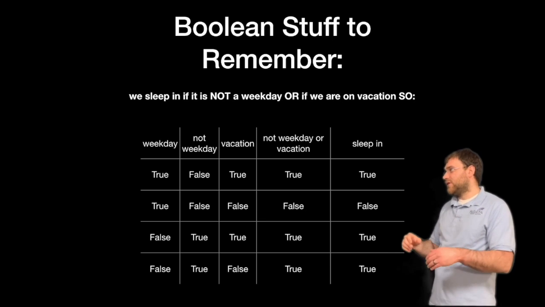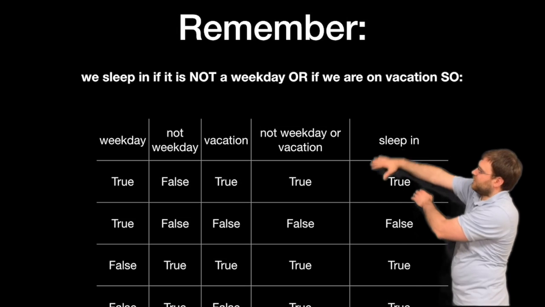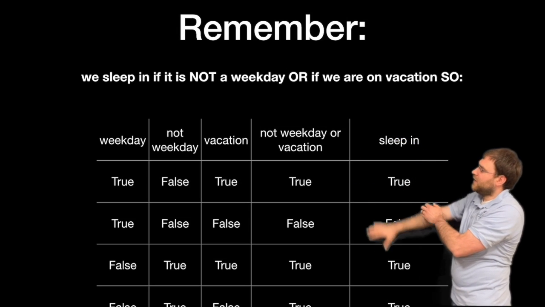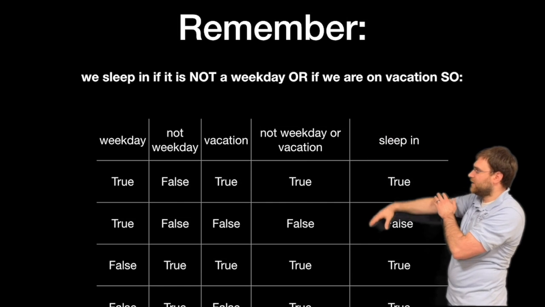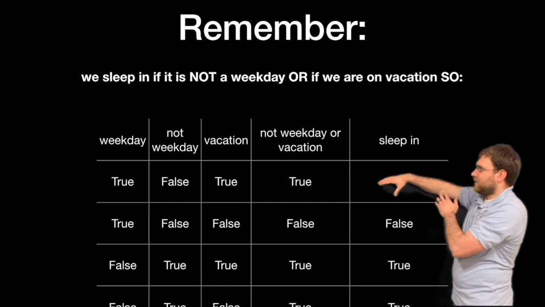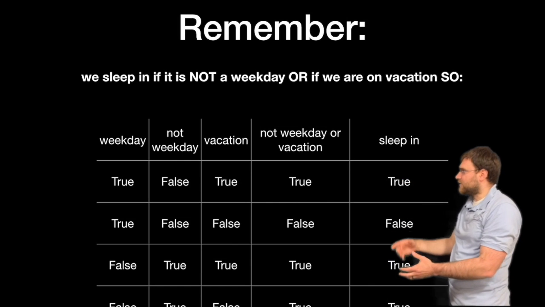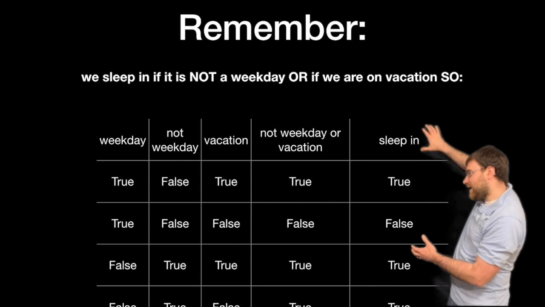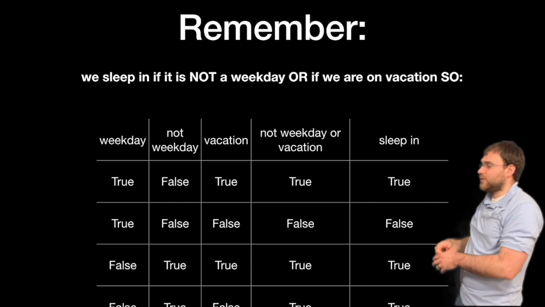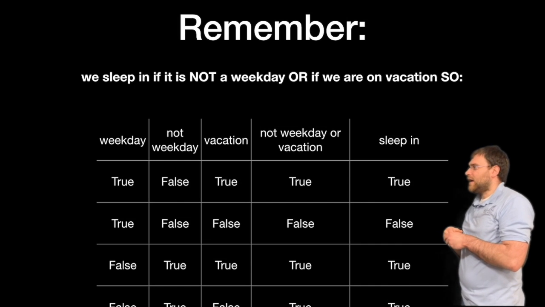So over here on the chart, we've got weekday, and then not weekday. Notice not weekday is all just opposites of weekday, and they're just true or false values. We've got vacation is the next one after not weekday, and those values are going to be different, right?